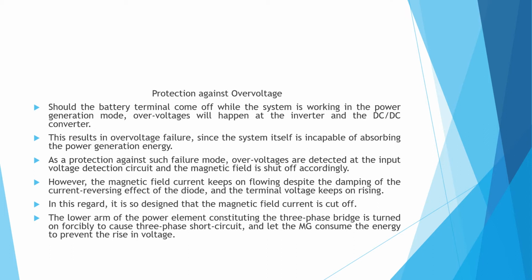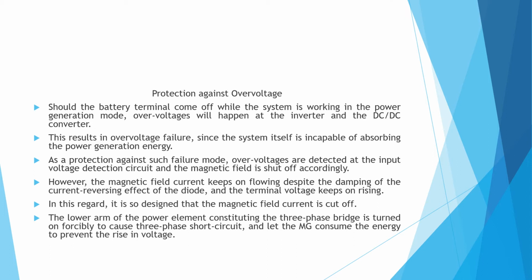As a protection against such failure mode, overvoltage is detected at the input voltage detection circuit, and the magnetic field is shut off accordingly. However, the magnetic field current keeps on flowing despite the damping of the current reversing effect of the diode, and the terminal voltage keeps on rising.